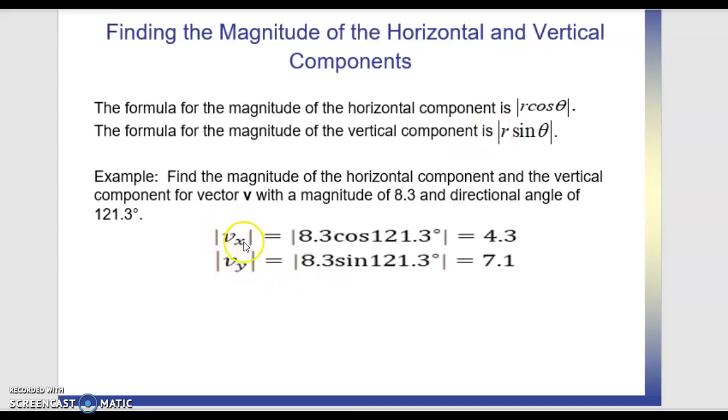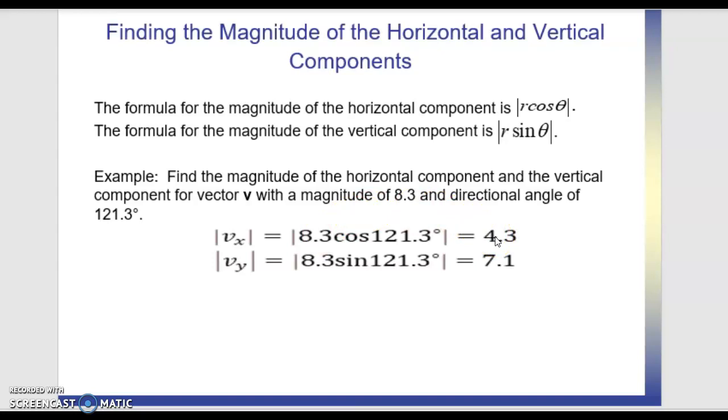So first, for finding the magnitude for the horizontal component, r is given to us to be 8.3. So we just multiply that by the cosine of the directional angle, which was given to us as 121 3/10 degrees. You would use a calculator to find this cosine, multiply by 8.3, and make sure your answer is non-negative.